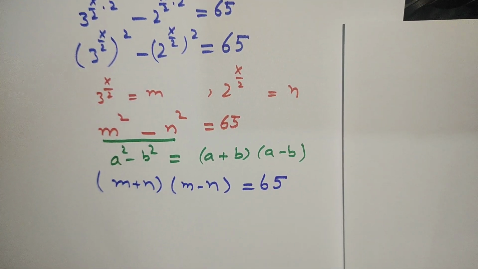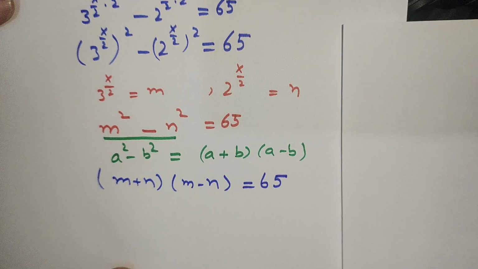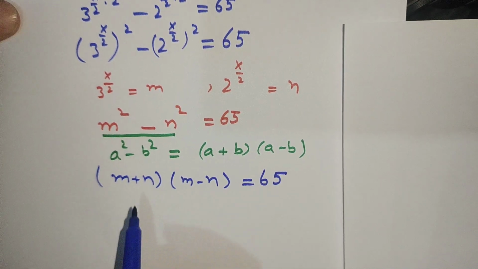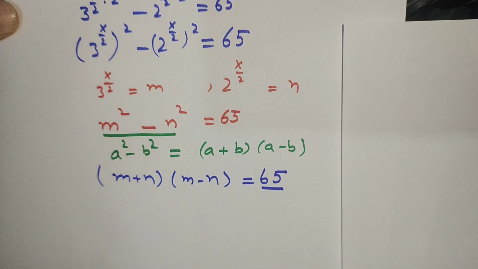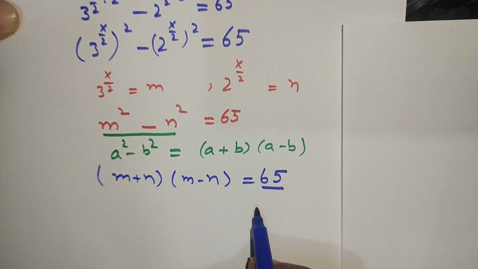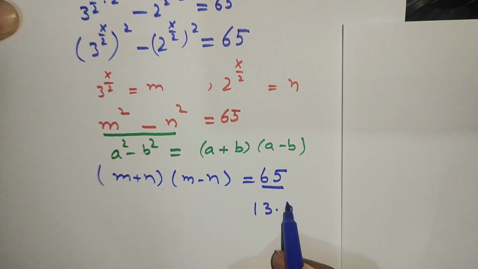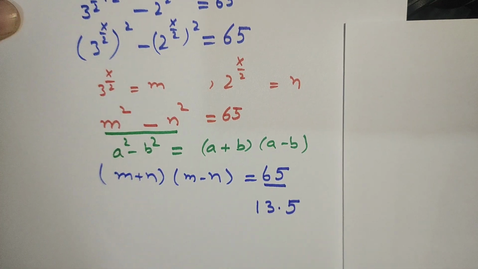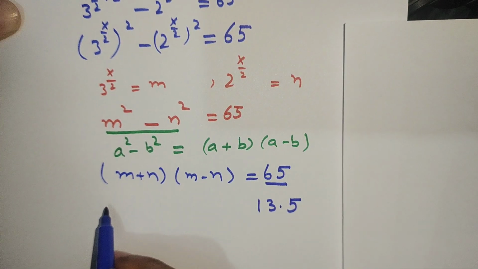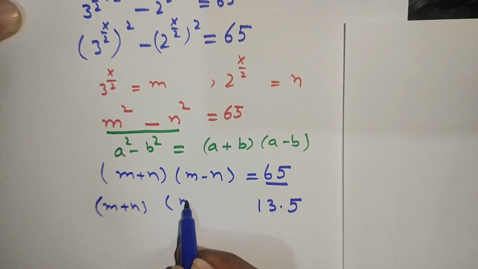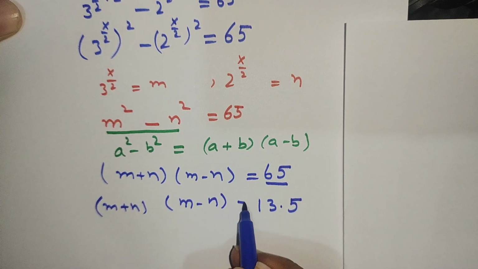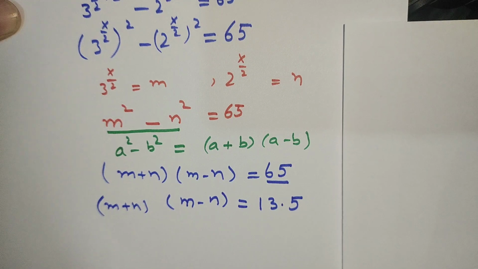So now we have a very interesting factorization here. On the left hand side we have two factors and 65 also has a factorization, as 65 can be written as 13 into 5. So here m plus n into m minus n is equal to 13 into 5.